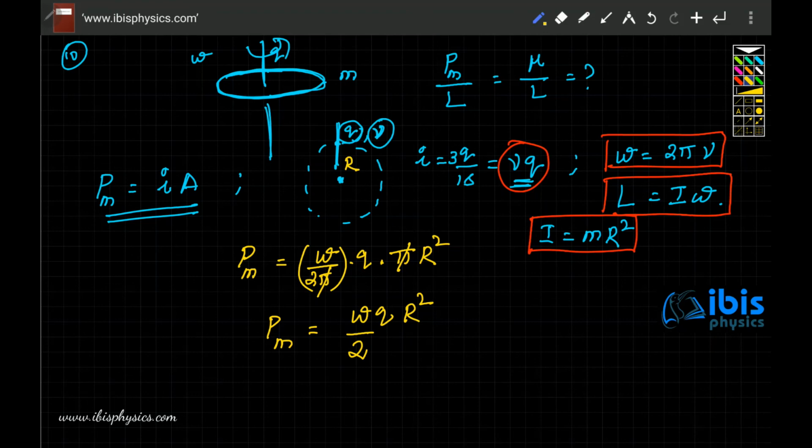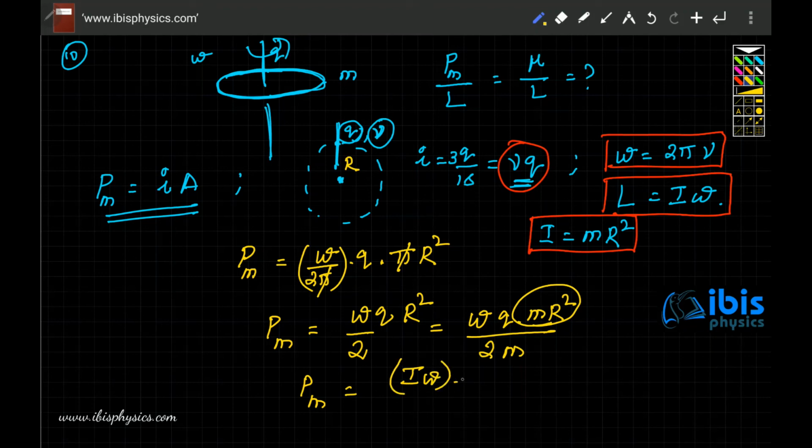Let us try to multiply and divide by m. So what you will be getting is omega into q into m r square divided by 2m. Now for a ring, the moment of inertia is this m r square. So you can replace this as magnetic moment equal to I into omega, into q divided by 2m.